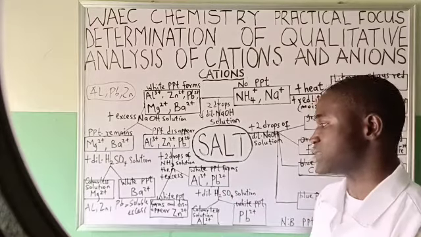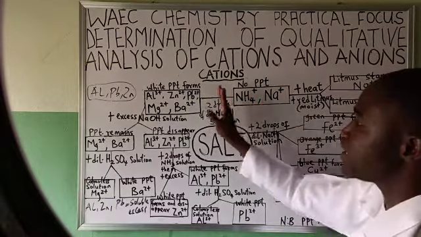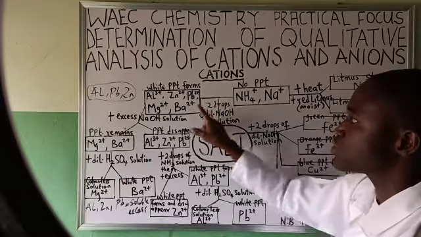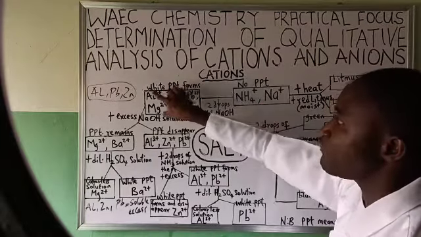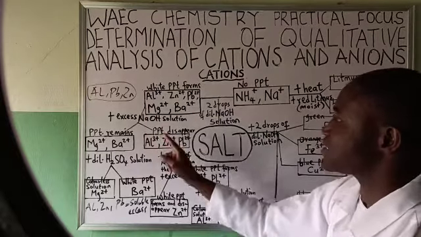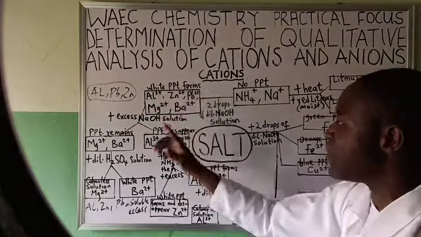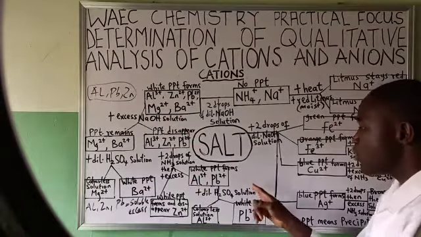Please note that. You will see everything well explained here. When it is in 2 drops, they are not soluble, they form a white precipitate. But when it is excess, they are very soluble. Soluble means that the white precipitate disappears. We'll come to this.